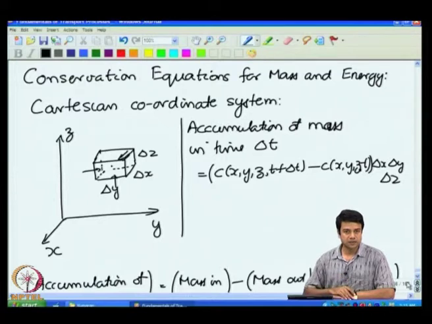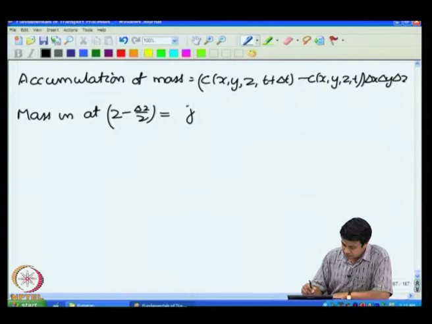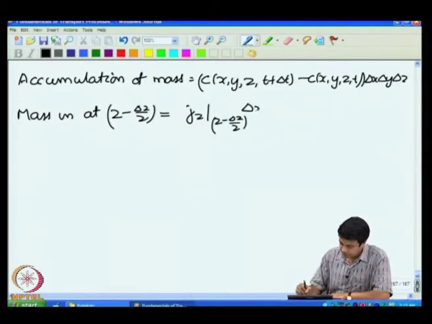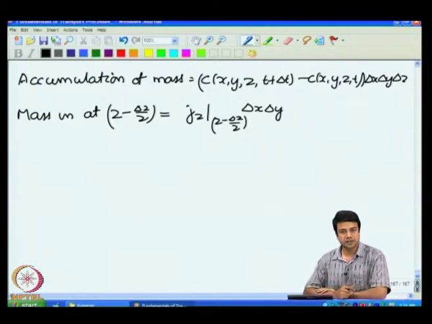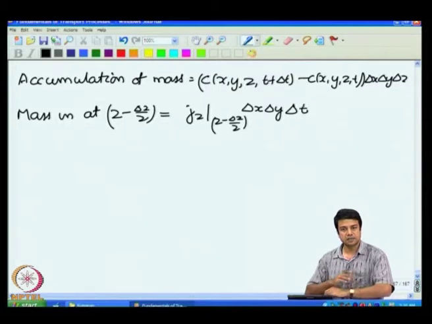So, the flux perpendicular to the bottom surface is the flux in the z direction, J z. So, the mass in is equal to J z at z minus delta z by 2, times the area delta x times delta y, which is the area of the bottom surface, because the bottom surface has length delta x and delta y, times the time, which is delta t, the time interval over which we are finding out the mass in.